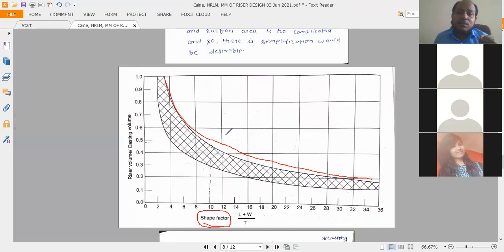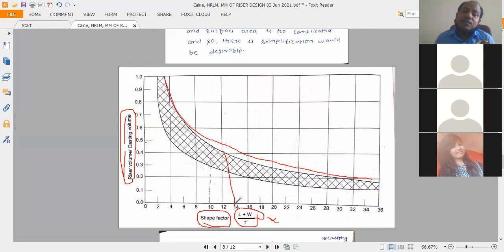If the graph table is not provided, if the question comes and the graph table is not provided, then it will be given how much the shape factor is and what is the corresponding volume ratio by casting. The volume ratio is given, means the volume of riser and volume of the casting will be varying with the shape factor.